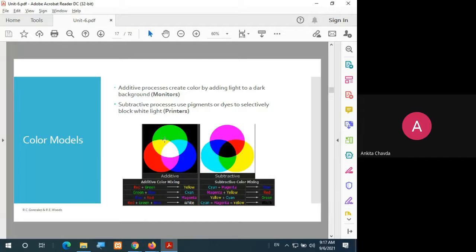But here you have used the additive manner. If you use the subtractive manner, then subtraction from the secondary colors to the primary color with the right intensity will give you black color. These are your main secondary colors, cyan, magenta and yellow. If you subtract, cyan plus magenta will give you blue color and so on.